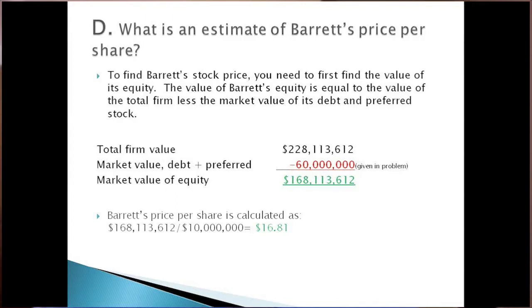So, as you can see here, the total firm value is what we just calculated, 228,113,612, and the market value of debt plus preferred stock, which was given, 60 million, and then you take that and you subtract it from the total firm value, and then you get the market value of equity, which is 168,113,612. And then since there's 10 million shares, you have to divide 168,113,612 by 10 million, which gives you $16.81 as your price per share for Barrett.